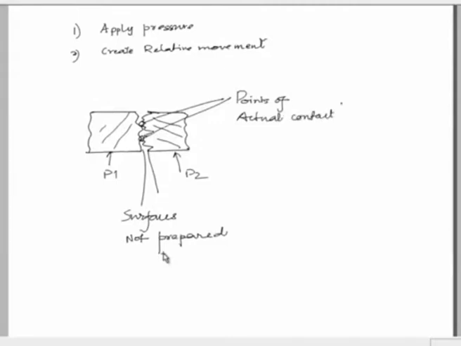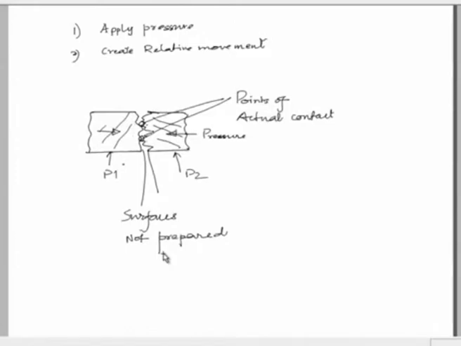Therefore, upon application of pressure on these two, there will be deformations locally only at these points where axial contact is there, and these plastic deformations will cause bonding at this locally deformed portion only.